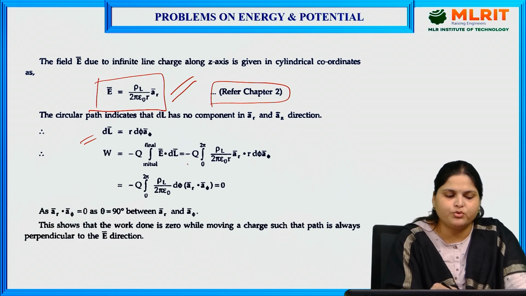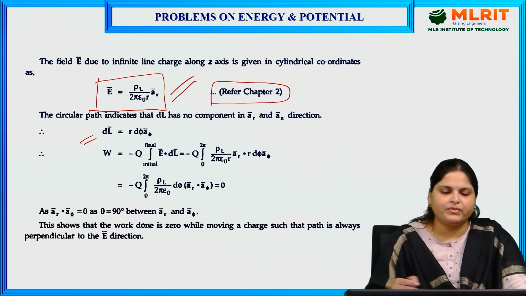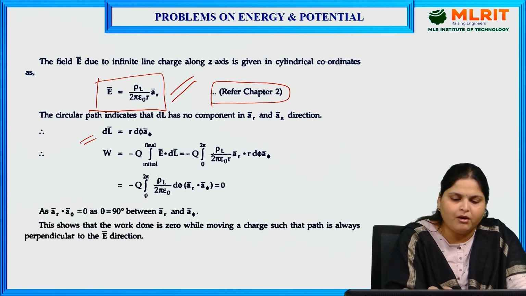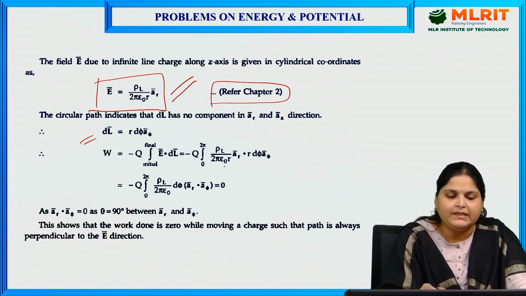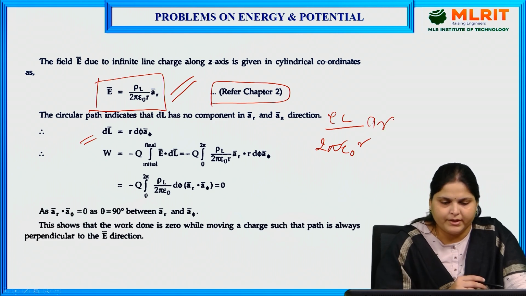W is equal to minus q into the integration of E dot dl. Now we put the limits, because the integration is with respect to phi. So E is equal to rho l upon 2 pi epsilon naught r, a r.